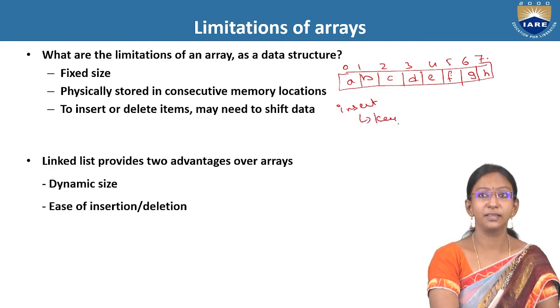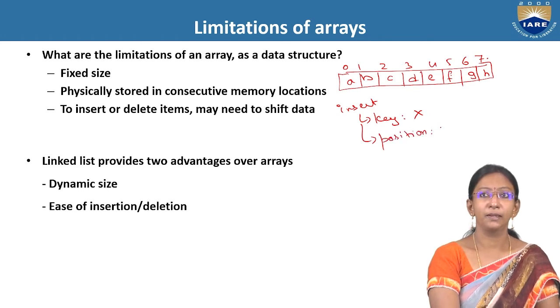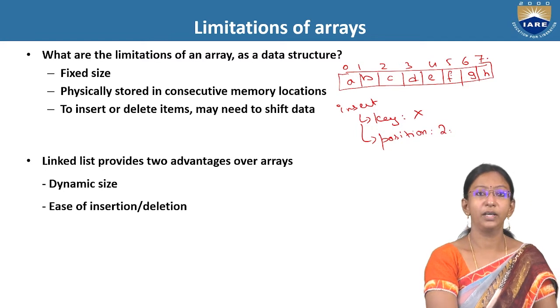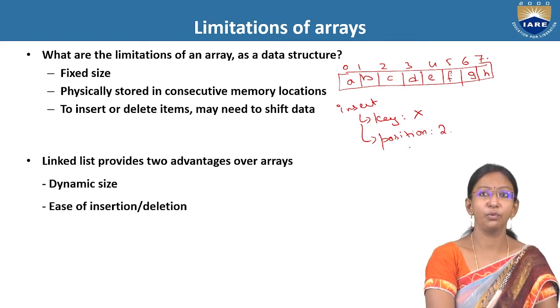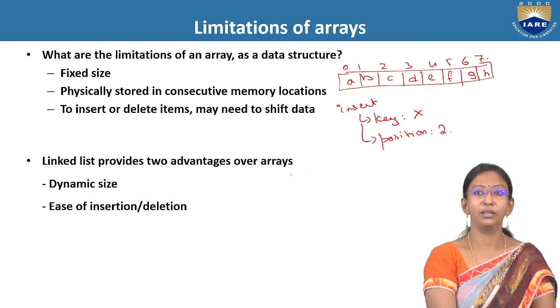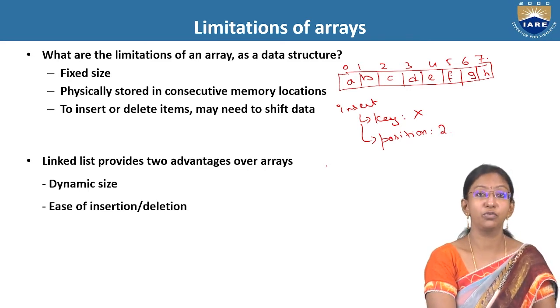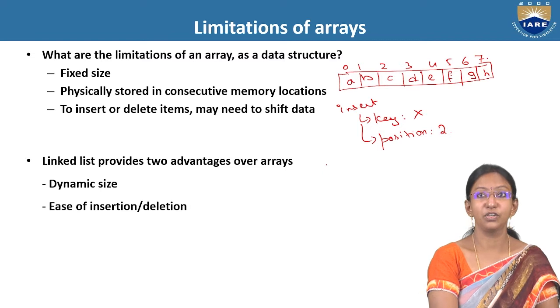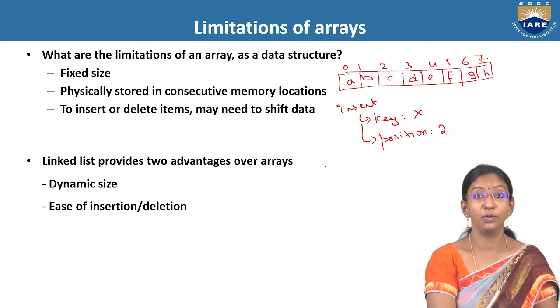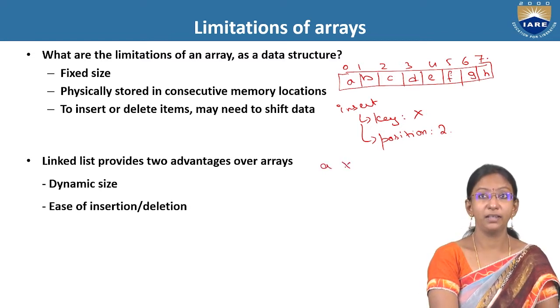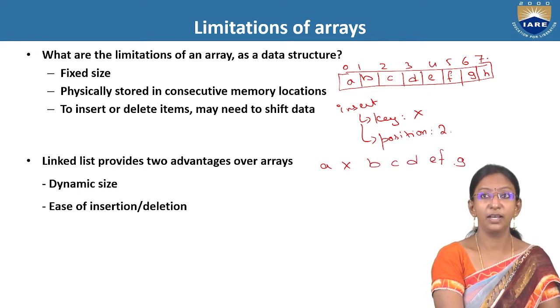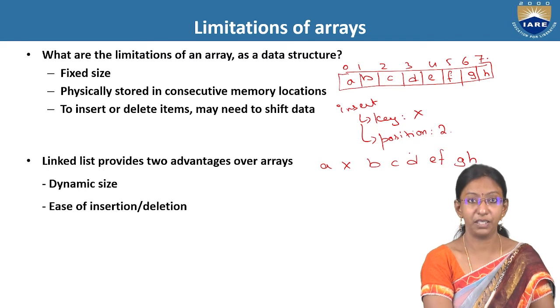The key is, say, X, and I want to insert X at the second position. Then the resultant list you are expecting, as X is supposed to be at index value 1, is A, X, B, C, D, E, F, G, H.